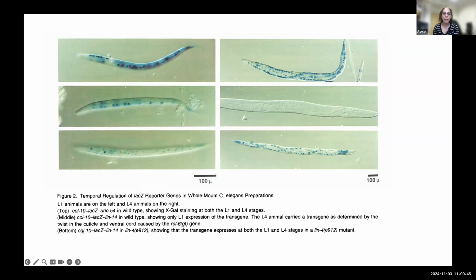But when they took Lin14 3' UTR with LacZ with Lin4 loss-of-function mutation, they see that actually the Lin14 construct is expressed in both the L1 and L4. So it seems that Lin4 negatively regulates Lin14, but in specific stages. And as they found before in Ambros' lab, this is a heterochronic gene.